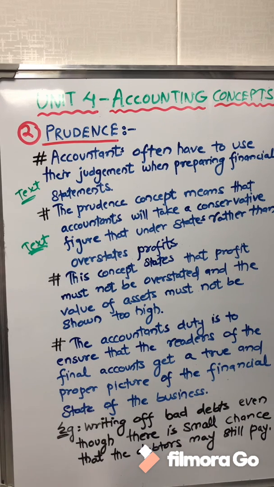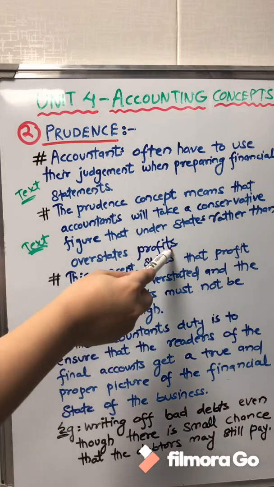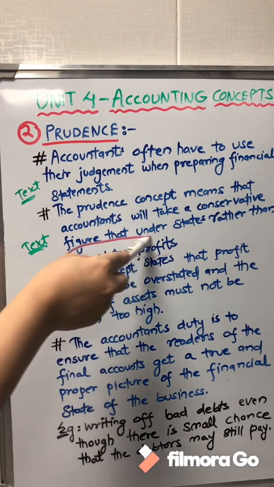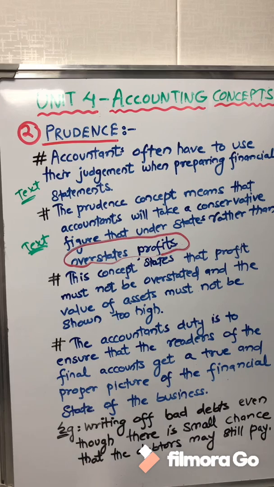But what this concept is saying is that whatever judgments they make, they should not understate the losses, and they should not overstate the profits. These are the two things I took from the textbook.